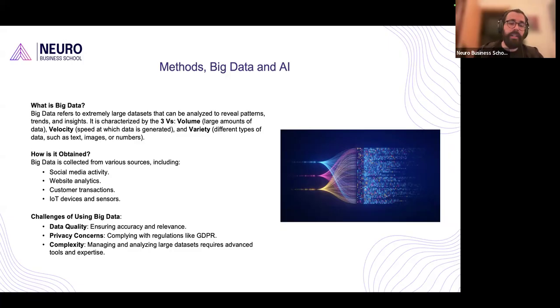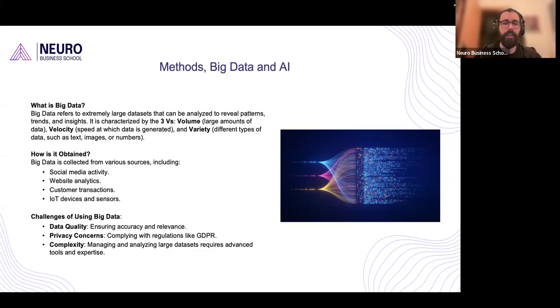Okay. Challenges of using big data. Well, the data quality. If you get bad quality data, probably your results will be so bad. So try to get the data as good quality as possible. Okay. Privacy concerns. Well, we need to comply with the regulations about data, especially if you work in places with really restrictive laws.